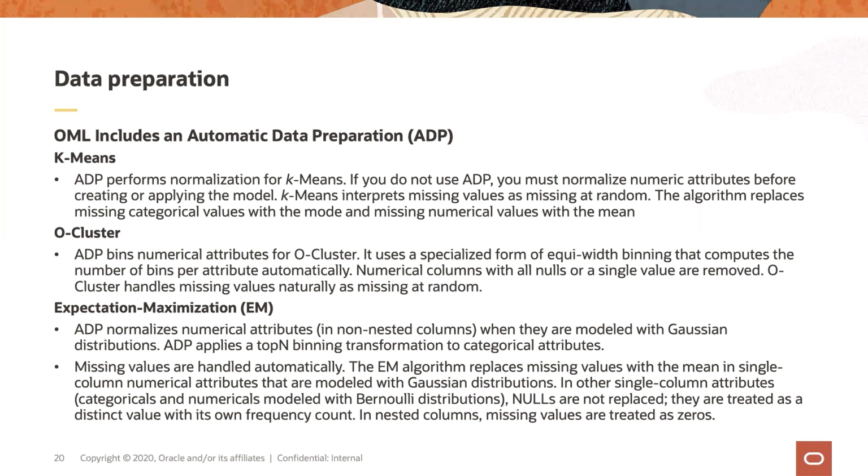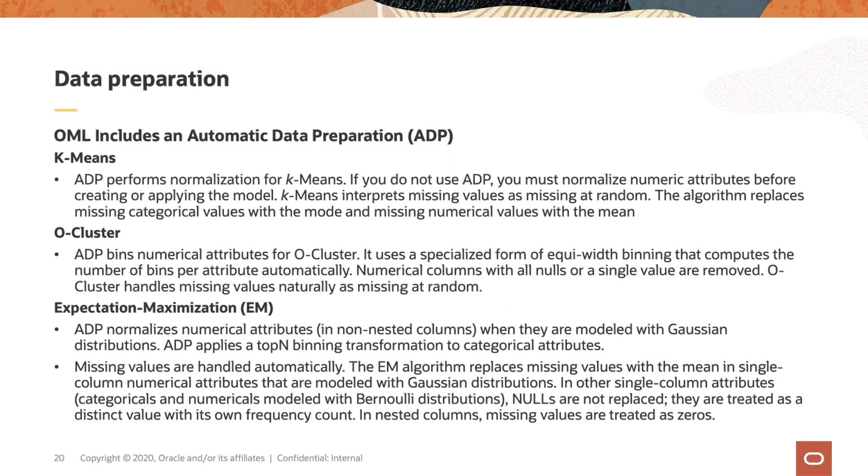And then there is a requirement to replace missing values. So it does replace the missing values automatically for you. On O-Cluster, the algorithm actually bins all the numerical variables. So the attributes are binned, so that you can use equi-width binning, and it computes all of these bins automatically as well. And then the missing values in this case are automatically handled as well. And for the expectation maximization, there are some specific processes that happen there.